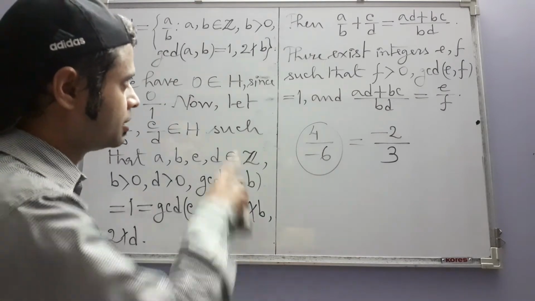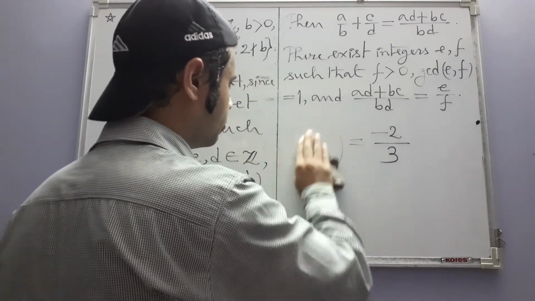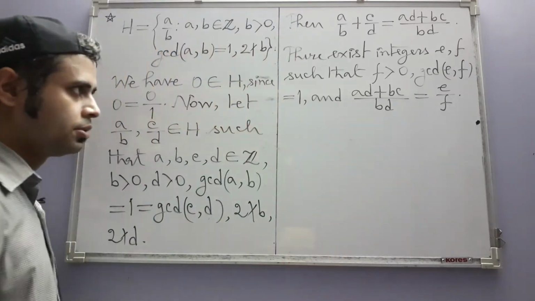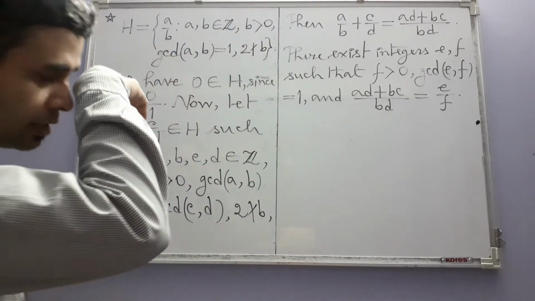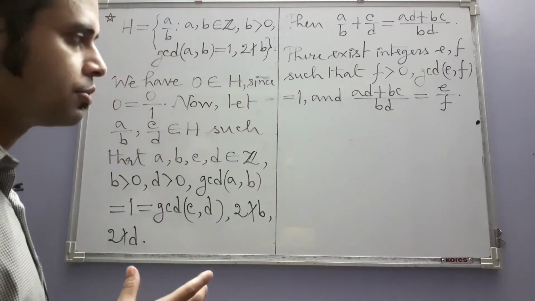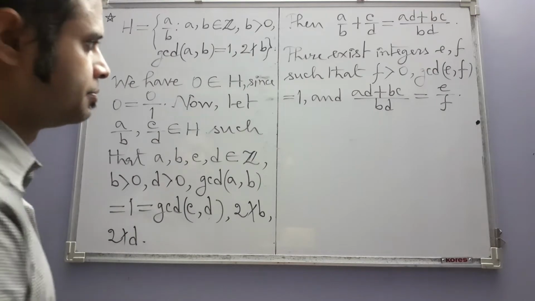Now comes this non-divisibility criterion. We cannot just simply say that 2 does not divide F. We have to prove that.